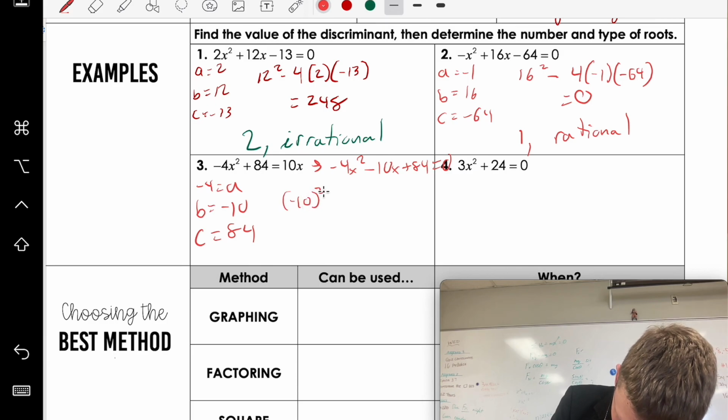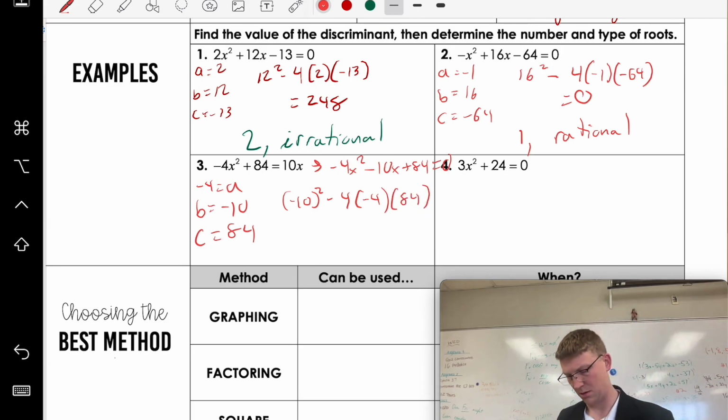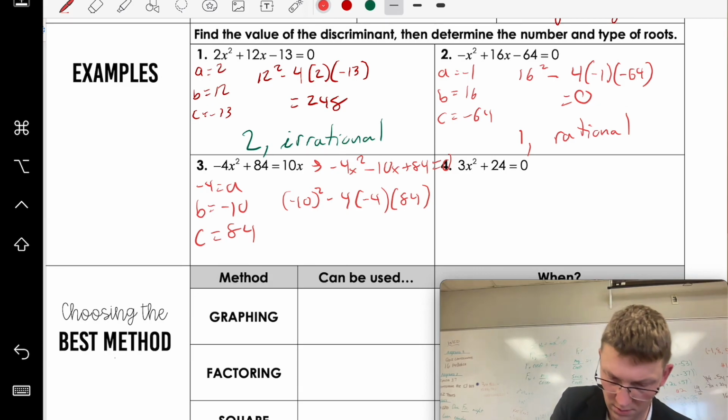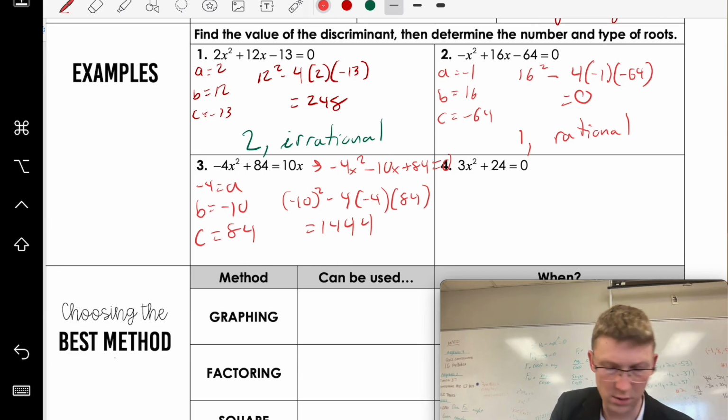So -10 squared minus 4 times A times C, 10 squared, and yes, I forgot to put the negative, but it's going to go away anyway. 4 times -4 times 84 equals a big number, 1,444.